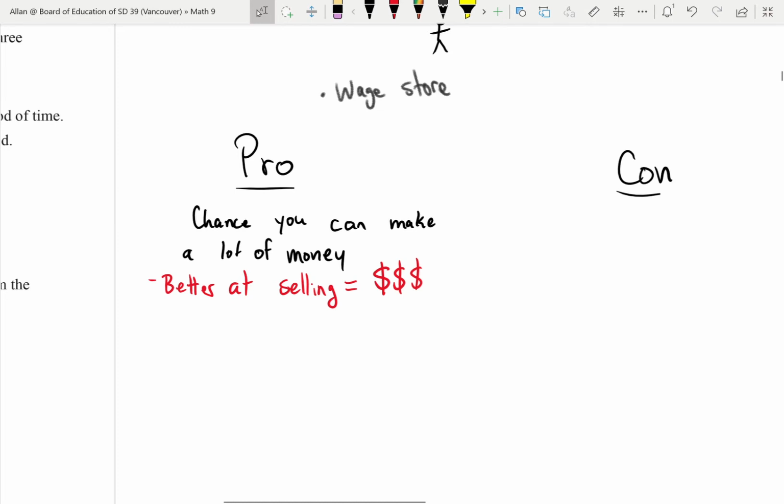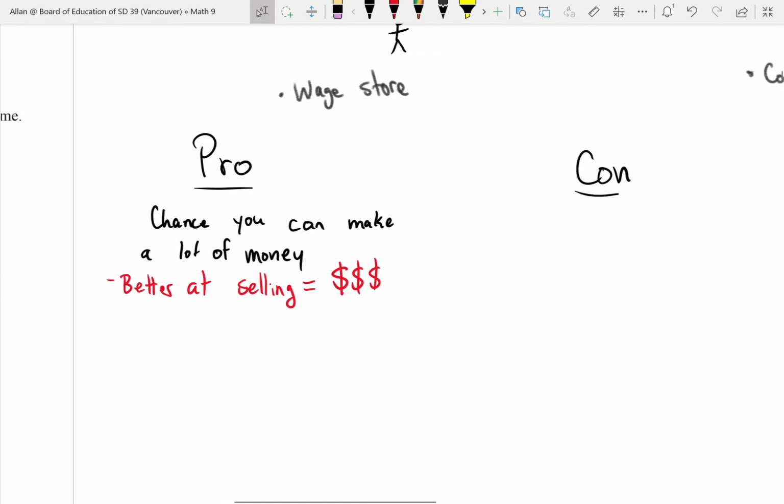Well, there's a downside to this, and it basically revolves around the same thing. Maybe you're not so good at selling things, so there's also a chance to make less money. So one example, let's do the opposite. Say you're worse at selling.